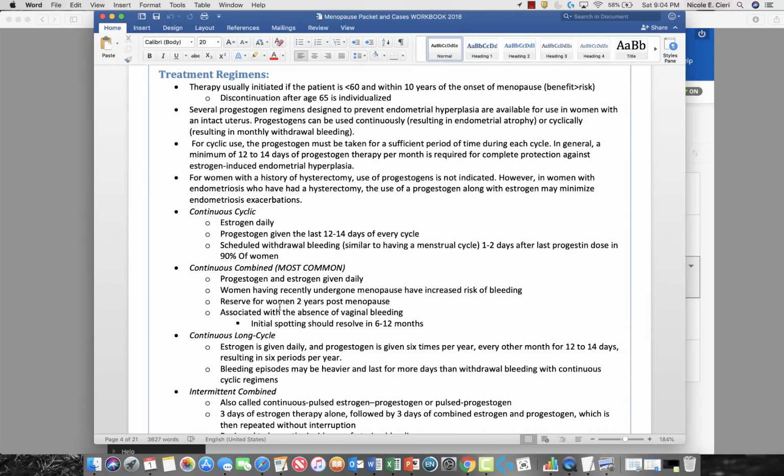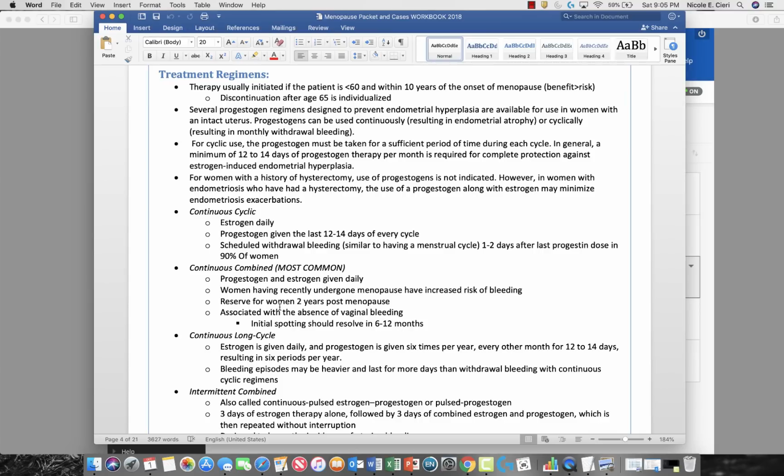So in terms of the treatment regimen, we usually initiate hormone therapy in any patient that has an indication without a contraindication, who is less than 60 years old and within 10 years of the onset of menopause. This is the group, and it's in the last 2017 NAMS position statement, that really benefits the most from hormone therapy, especially patients who would otherwise be considered healthy.